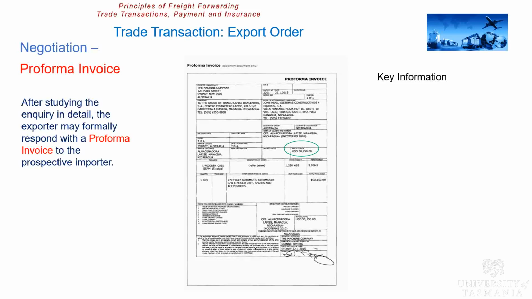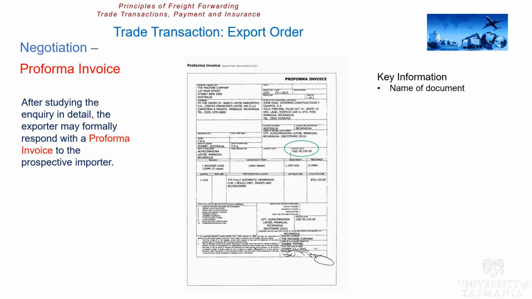Now, once there's been a communication process between the seller and the buyer, it's quite common for the seller to issue a pro forma invoice. So that pro forma invoice is encapsulating all the questions and inquiry that's been made by the prospective importer.